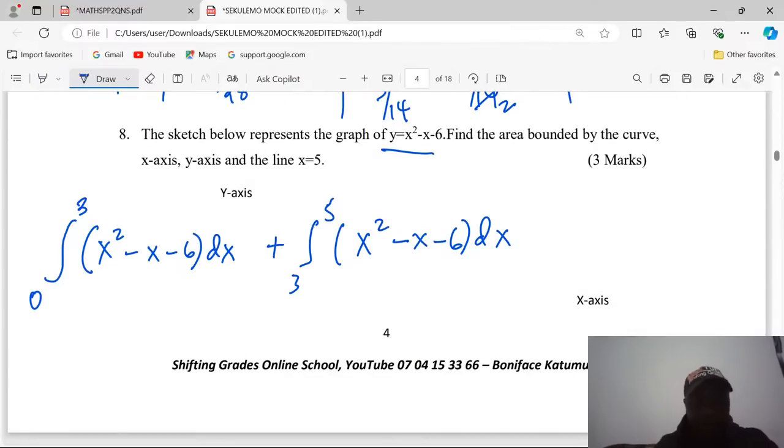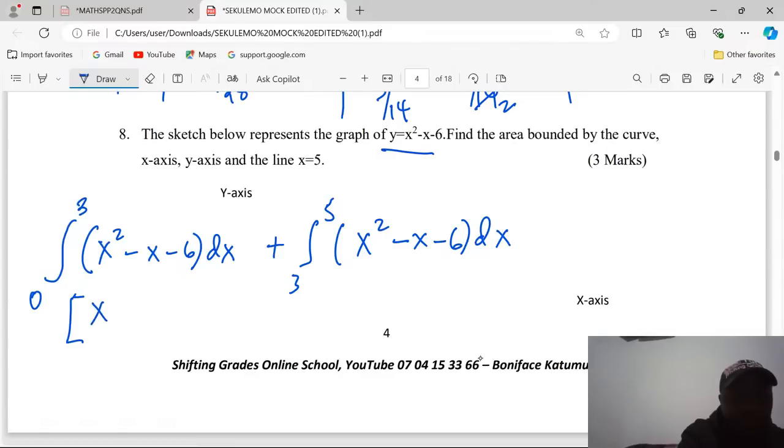Let's continue now. When you integrate the first term, the power increases to power 3, and we divide such that we get a third x power 3. Then minus, the power again increases to power 2, and the new power divides such that we have half x squared.